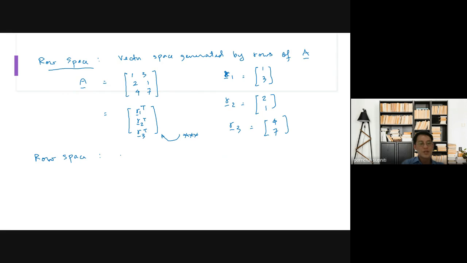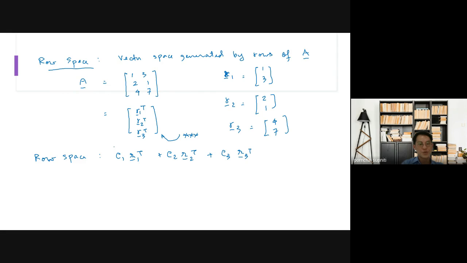So the row space is a set of C1 multiplied with R1 transpose, plus C2 multiplied with R2 transpose, plus C3 multiplied with R3 transpose.